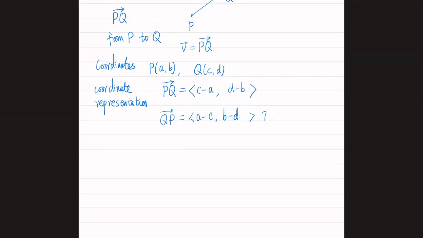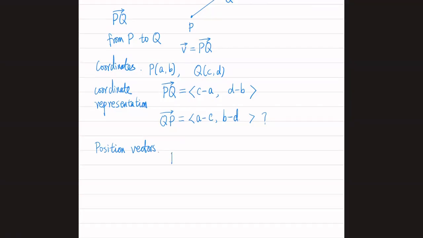Okay. A special class of vectors is where we start from the origin, called position vectors. So for any point, we consider the vector from the origin. We call this the origin.